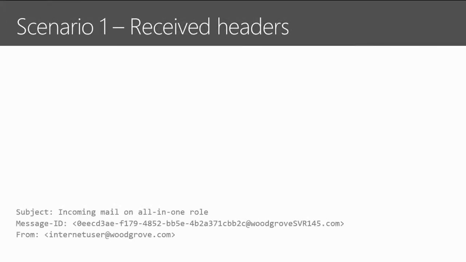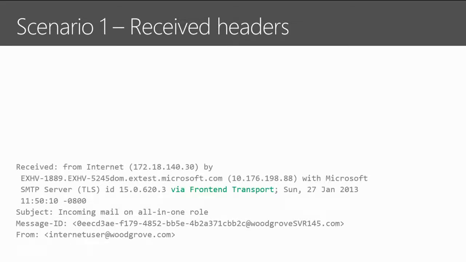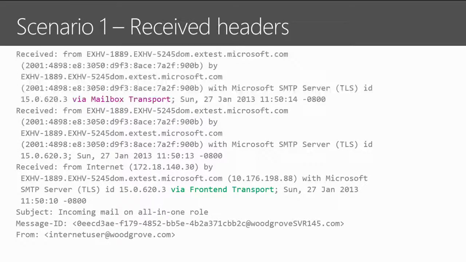What about the received headers? Go quickly through this. That same piece of mail that was received from the internet has actually been received on the same box by 3 separate services. That's why you will see 3 headers for that same piece of mail, even though it's on the same box.